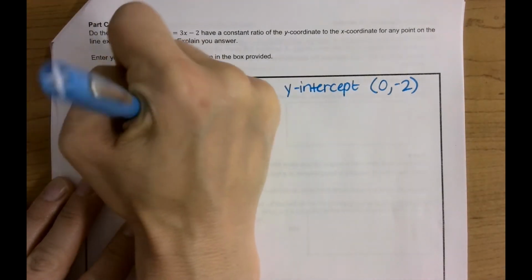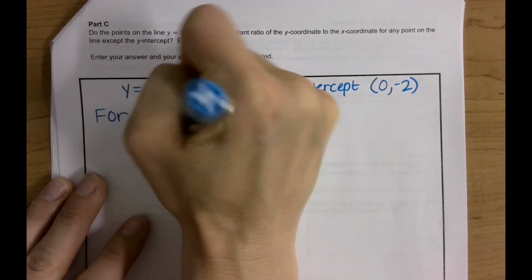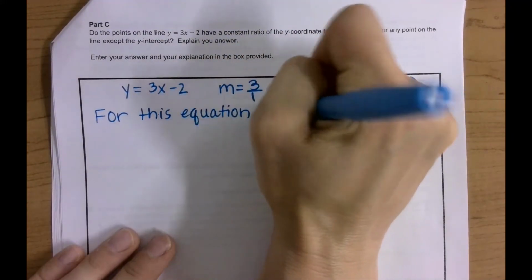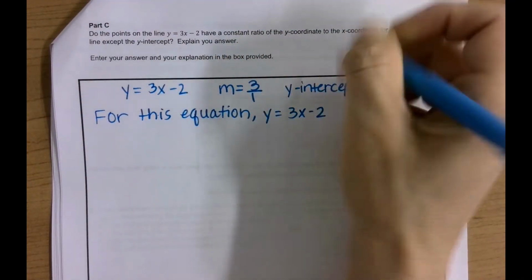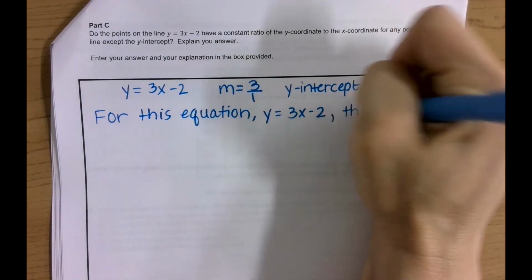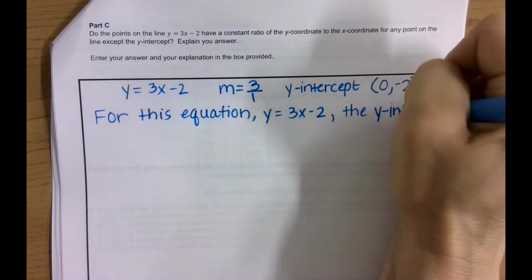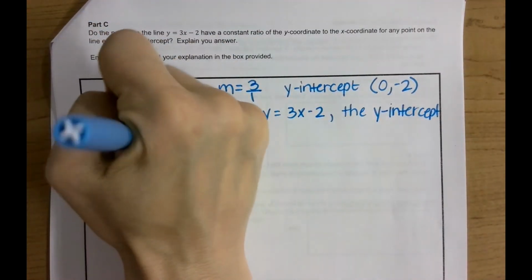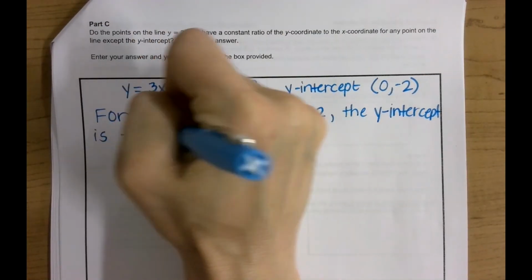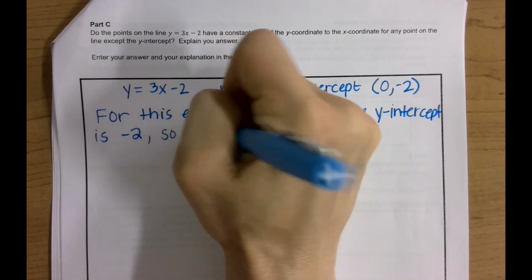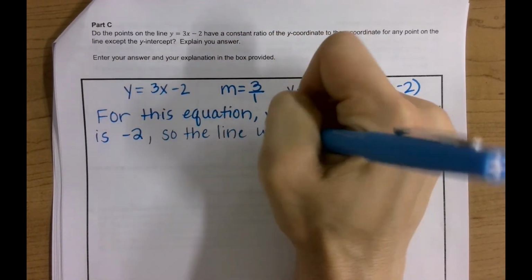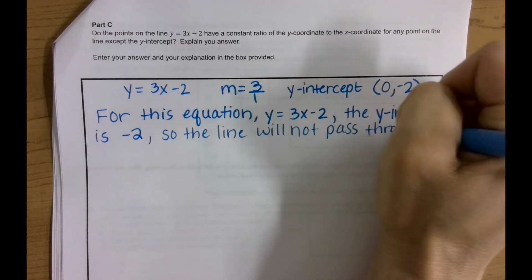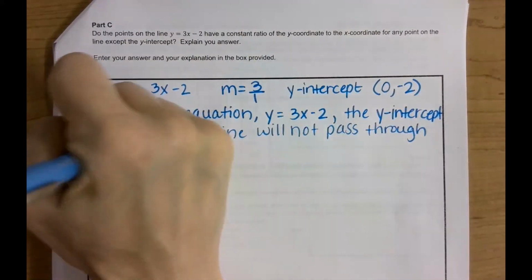So for this equation, y equals 3x minus 2, the y-intercept is -2. So the line will not pass through the origin.